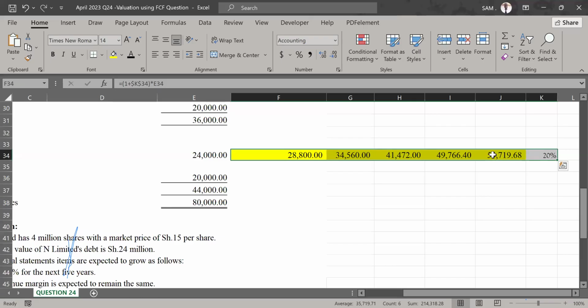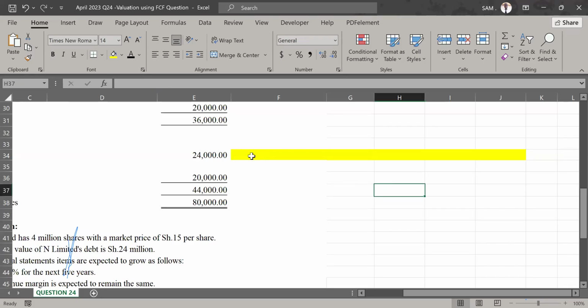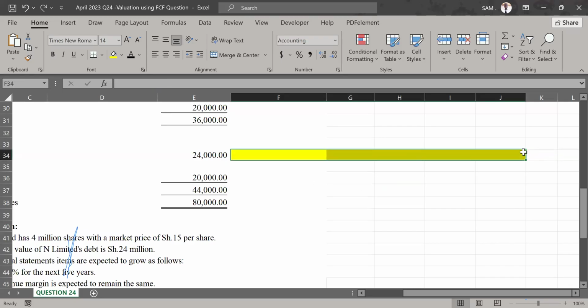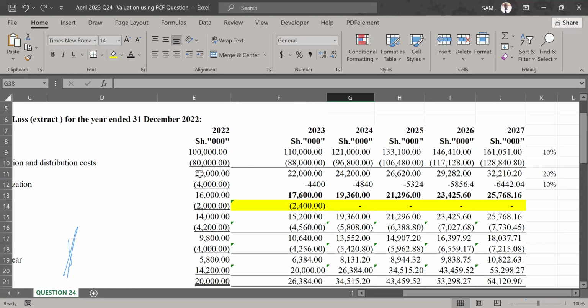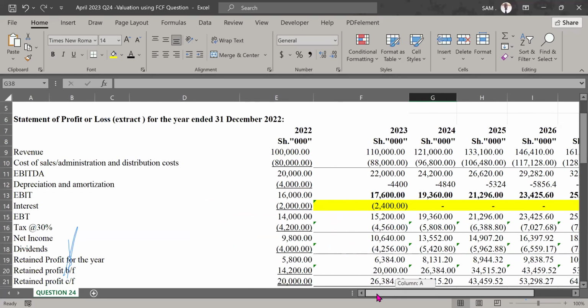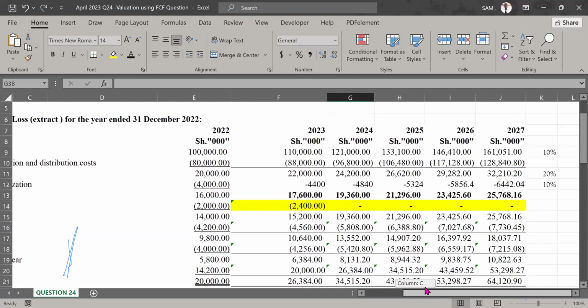So we will just do away with the 20% adjustment which we had done because it is now corrected, and leave all this space blank like that. And as we leave it blank, make sure your interest computation will pick 10% of previous year's long-term debt. Let's just confirm that. You will see that 2024 interest is blank, 2025 interest will be blank, 26 and 27.